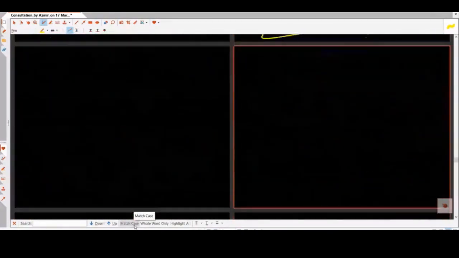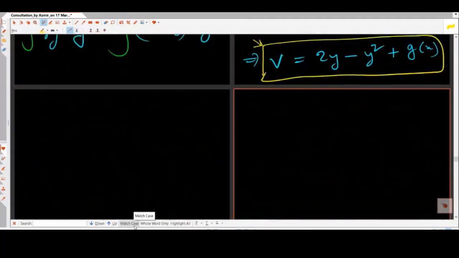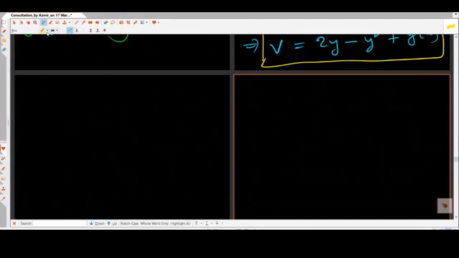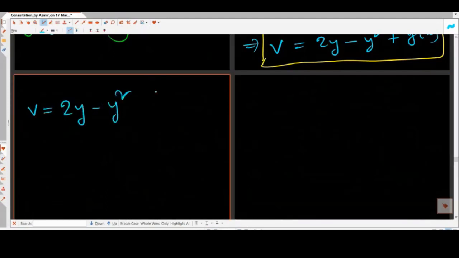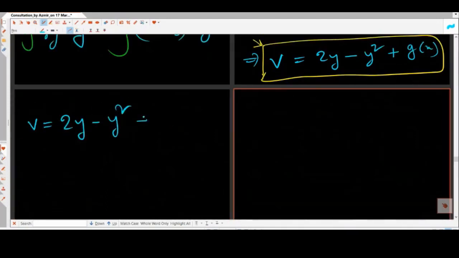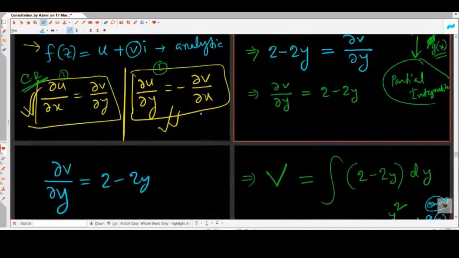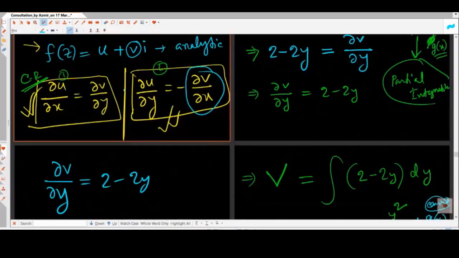So let's work with that one. We have found v equals 2y minus y squared plus g of x. The second equation of Cauchy-Riemann says that we have dv dx.